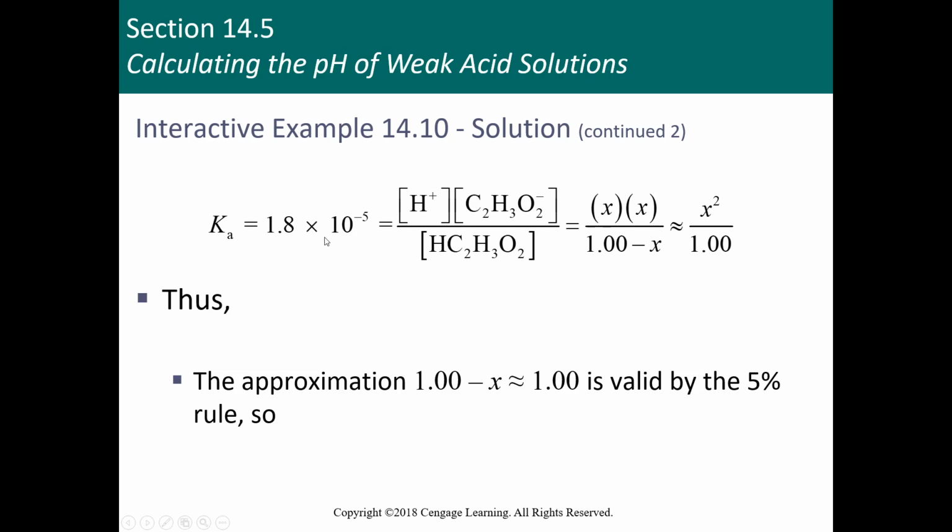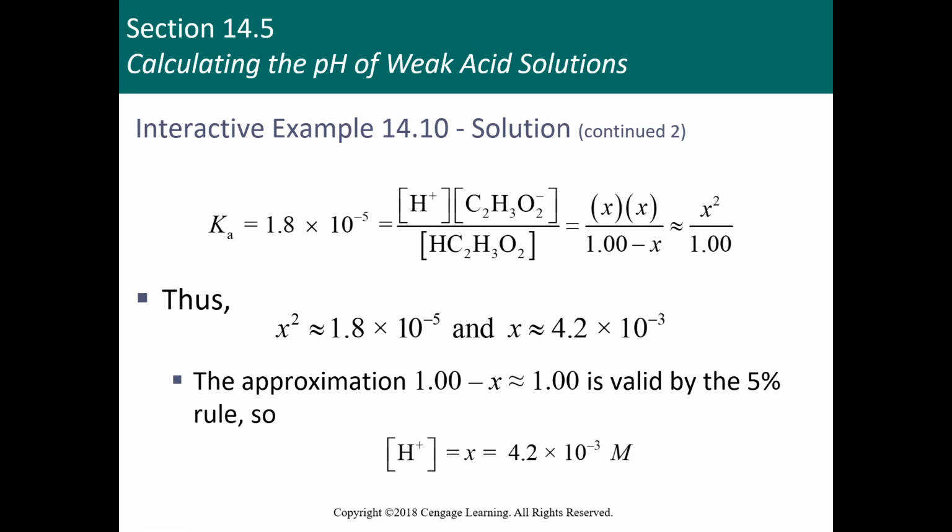And so it's 1.8 times 10 to the negative 5 equals x squared over 1. We solve that, and we find that the value for x will be 4.2 times 10 to the negative 3. We do the 5% rule to see if that is true, and we find that it is valid by the 5% rule. That's fine. Again, if it's 100 times difference from this, you know that's fine. That's what that is, right?